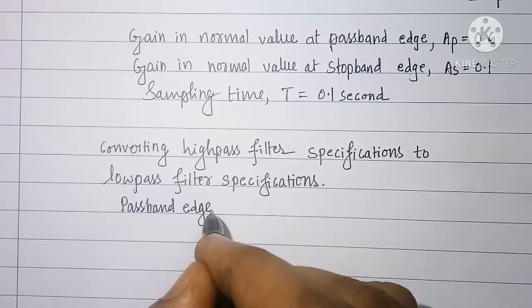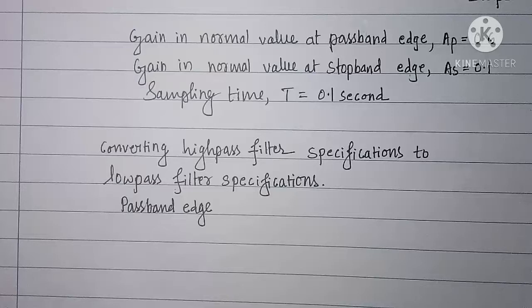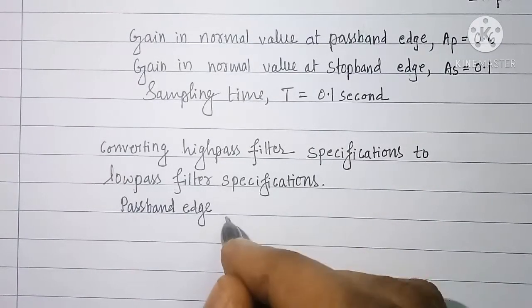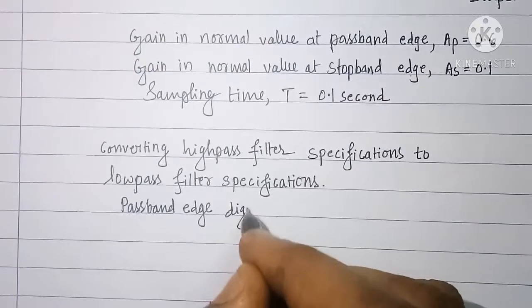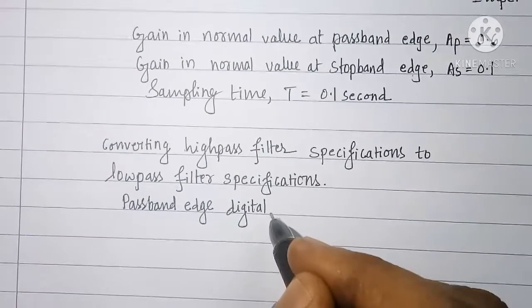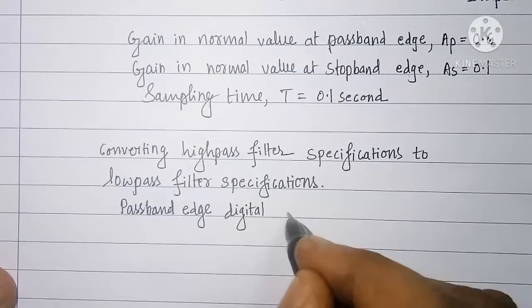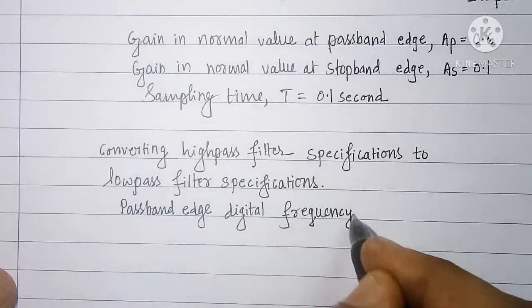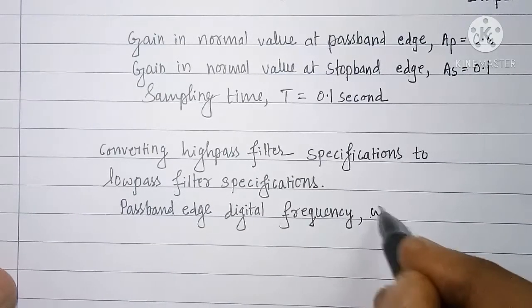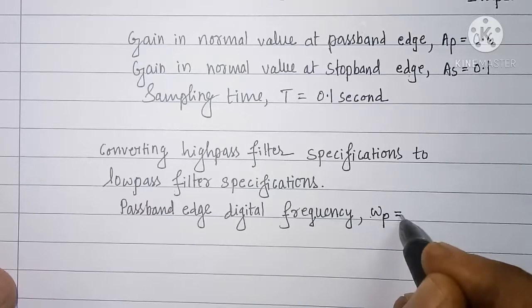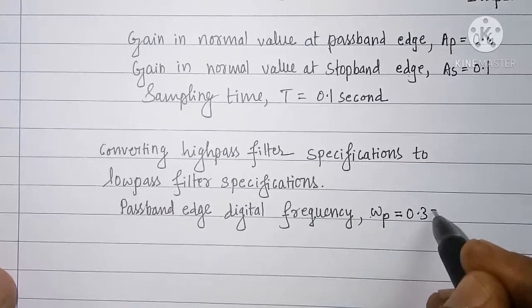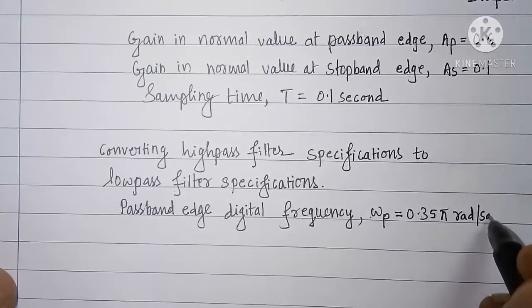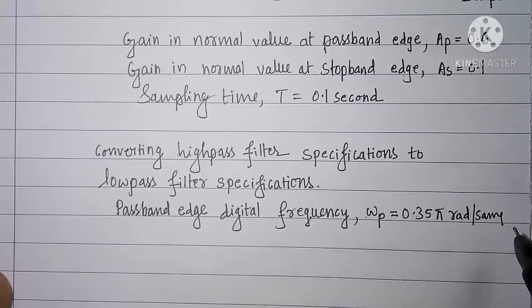Passband edge digital frequency omega p is equal to 0.35 pi radians per sample.